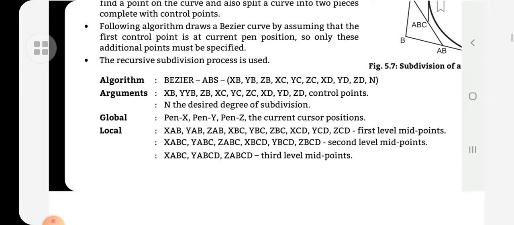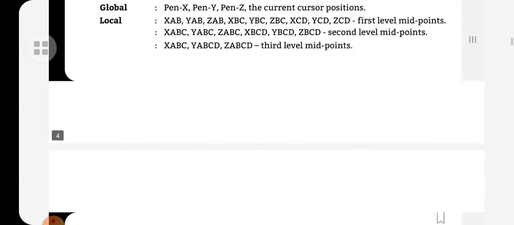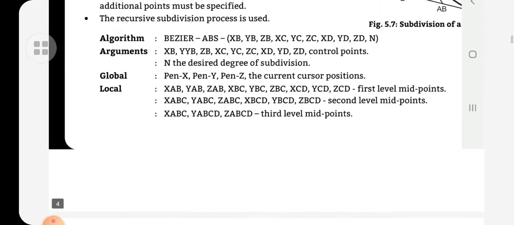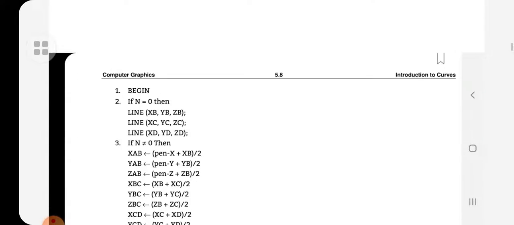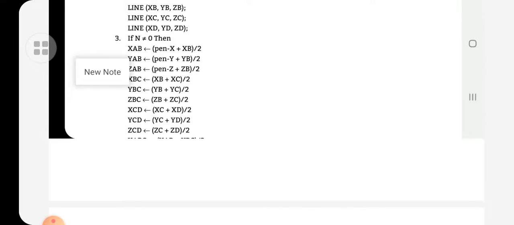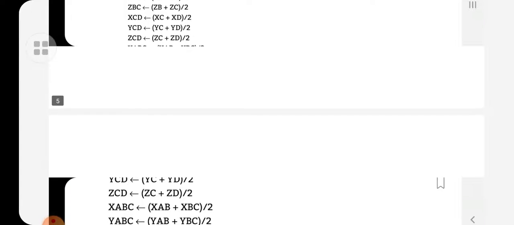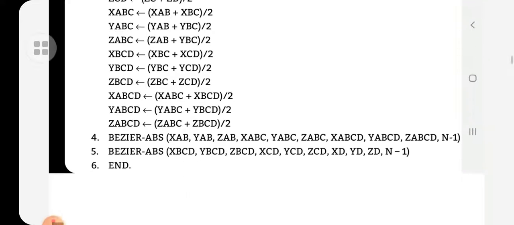The first control point is at the current pen position, so the pen x is the current x position, plus XB, divided by 2, and pen y is the current y position plus YB, and like this we find the values using these equations.